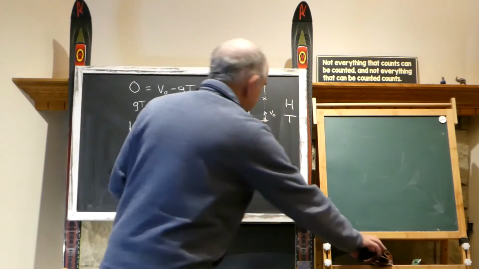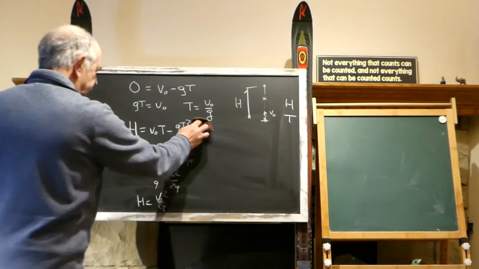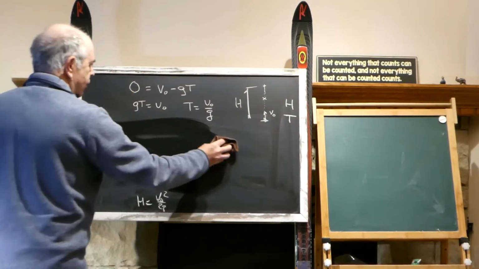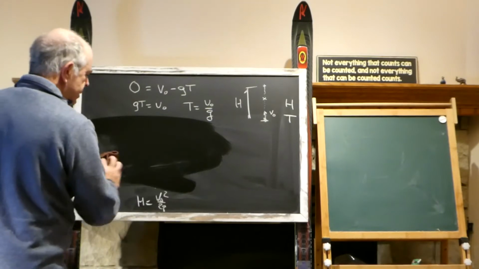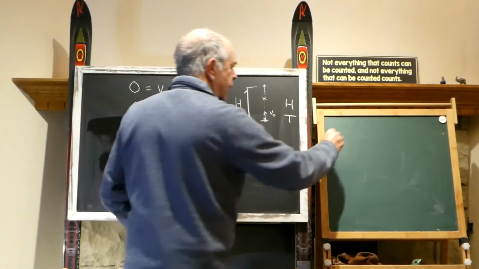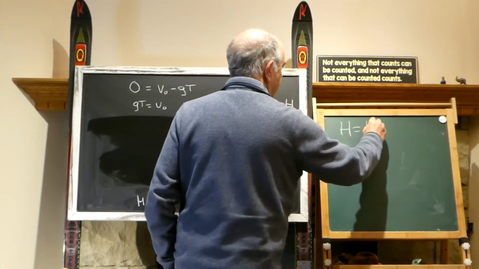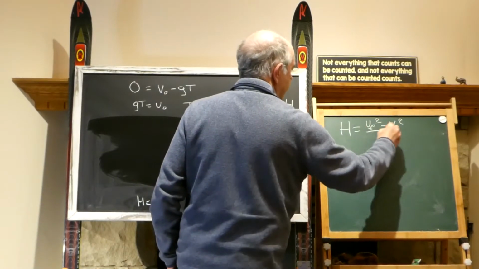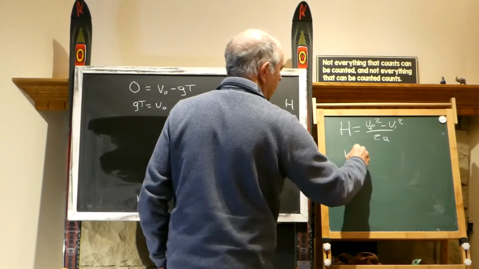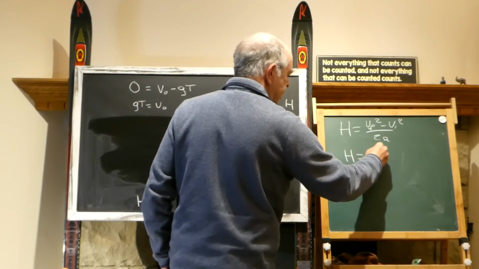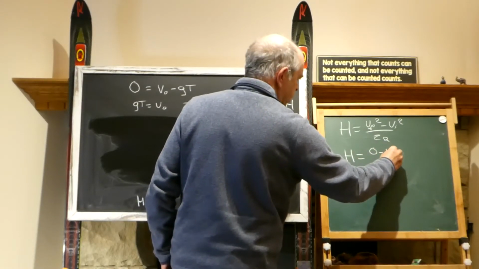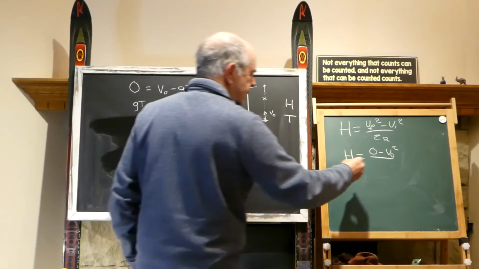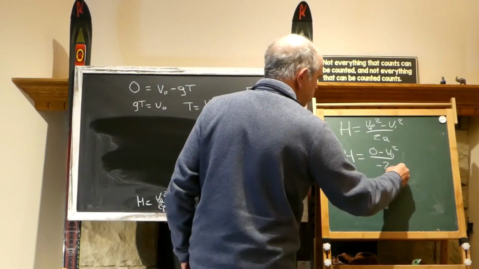But of course we don't have to do this. We can simply say that for this formula h, we solved so many problems that we know that h equals v final squared minus v initial squared divided over 2a. And in this case final speed is 0, minus initial is v0 squared, and acceleration has a negative sign, so it would be minus 2g.